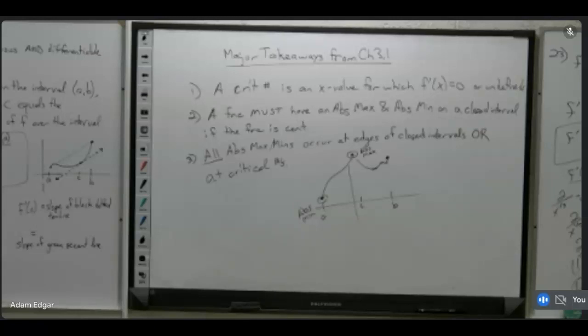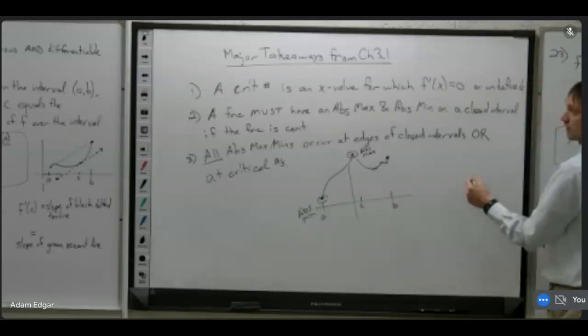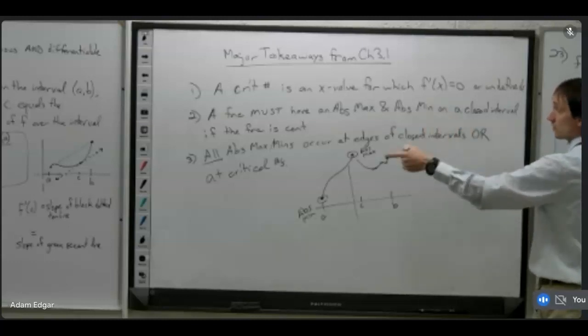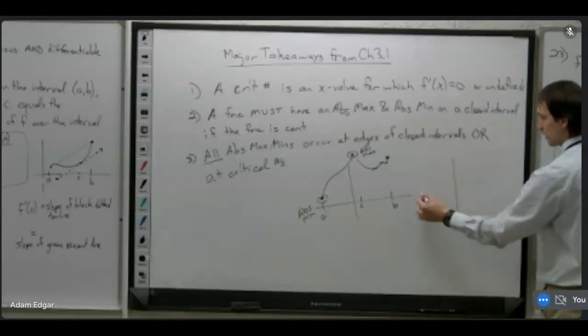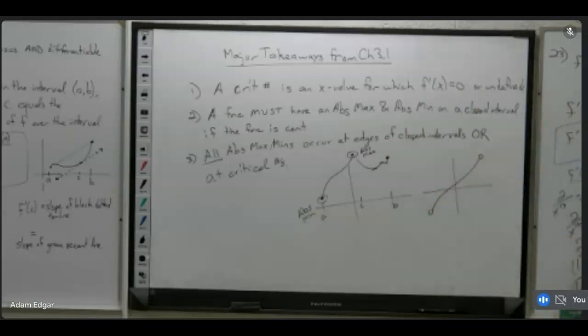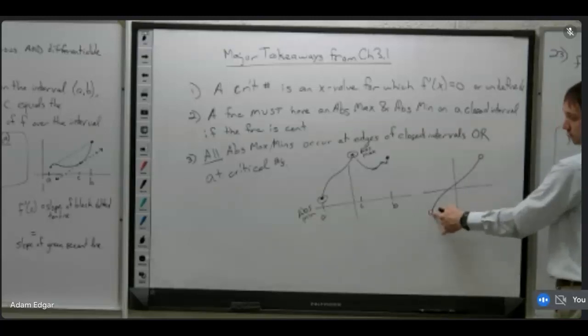And if you read the notes, there's the extreme value theorem that says the function must be continuous on a closed interval. So if you had something like this, does that have an absolute max or minimum? No, because where you should have an absolute minimum, there isn't a point because it's open, and same thing over here.